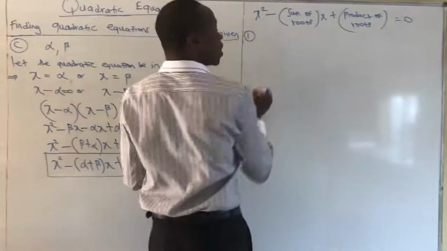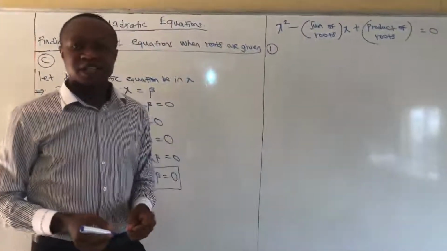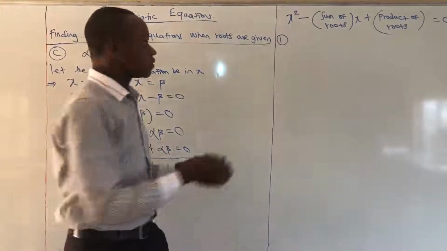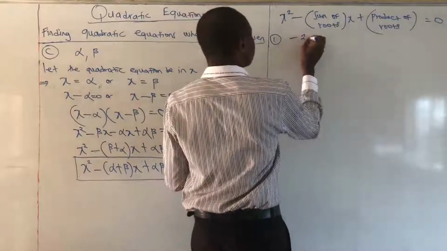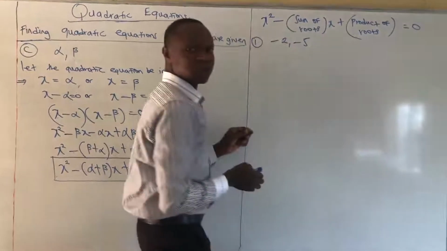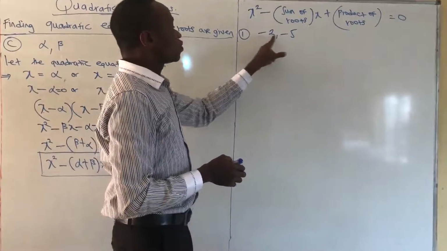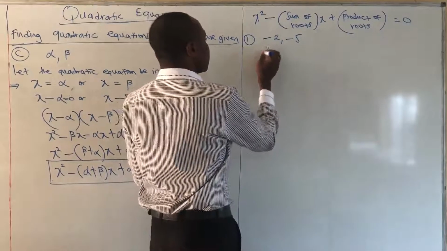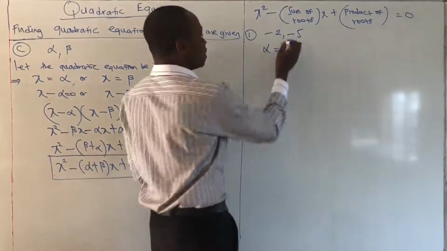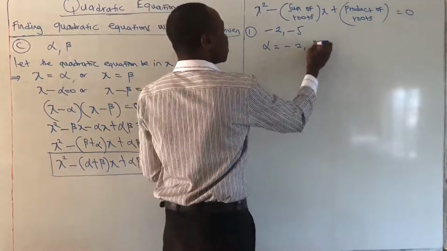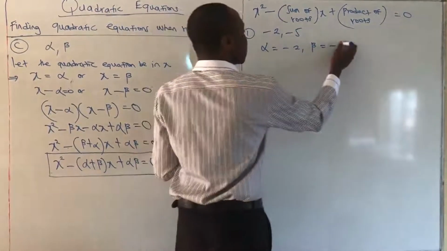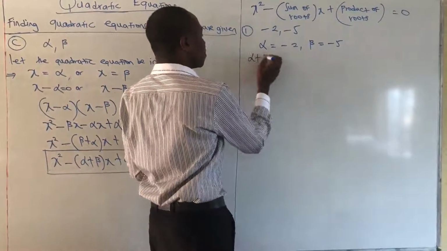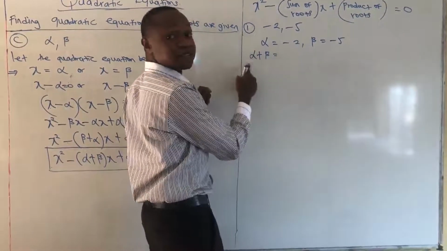For number 1, I was asked to find the quadratic equation whose roots are -2 and -5. To obtain the quadratic equation, you just have to remember that alpha, the first root, is -2, and beta, the second root, is -5. Get only two things. The first one is the sum of the roots, alpha plus beta.